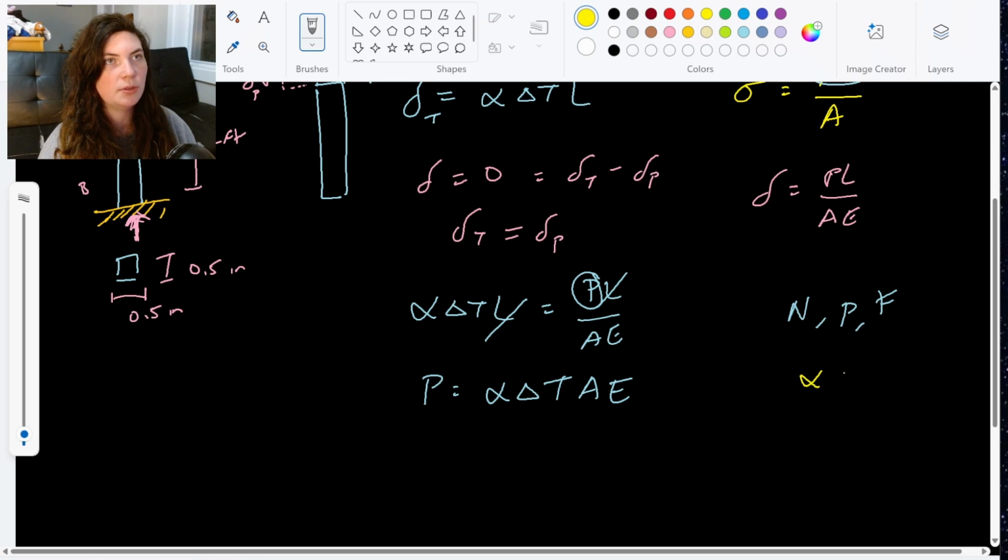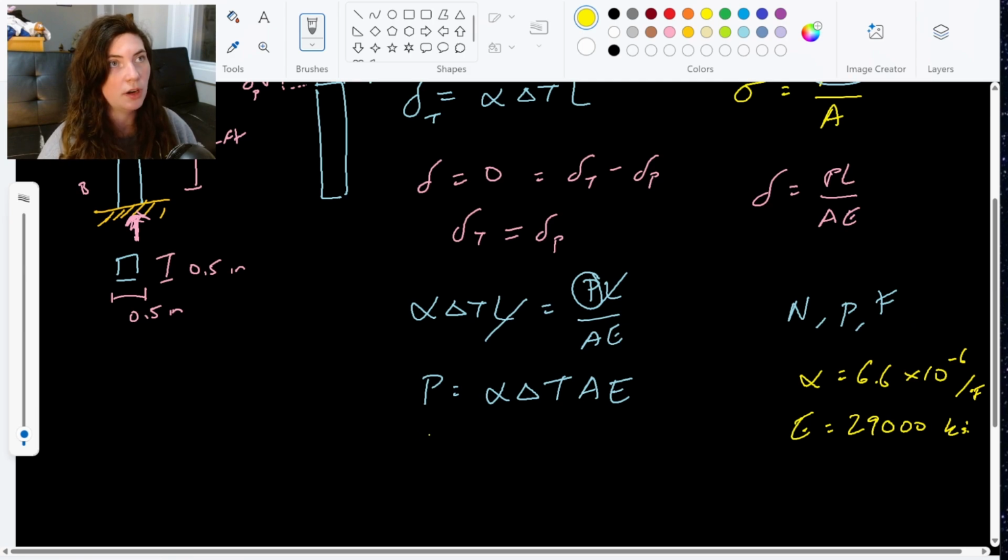All right, so from our table, this was 6.6 times 10 to the negative 6 per degrees Fahrenheit. And our modulus of elasticity is 29,000, because 29 times 10 to the third, KSI. So we can pop those right into our equation here.